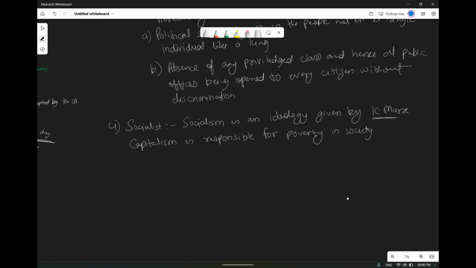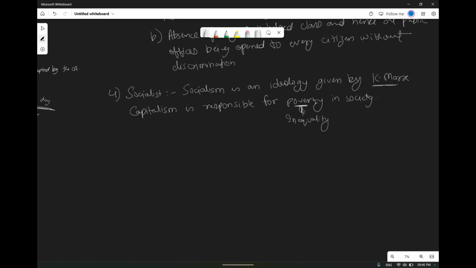Okay, to remove this we should first abolish capitalism, and socialism should be enacted after that. And when I'm telling that capitalism is responsible for poverty and inequality also, okay, poverty and inequality in society.